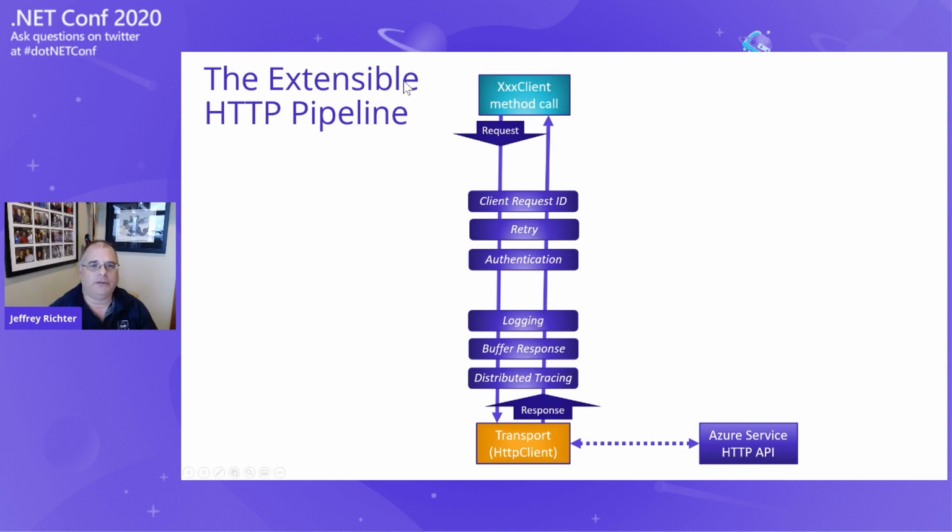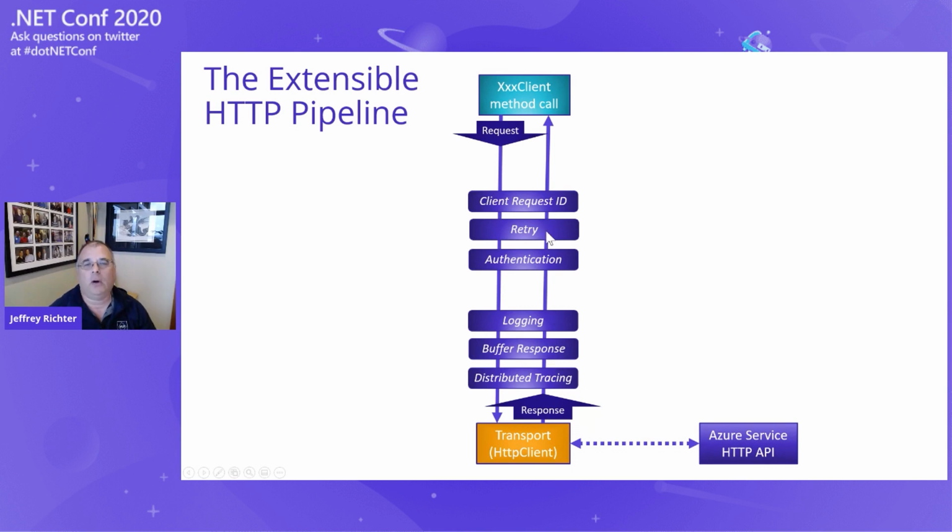And the retry policy doesn't actually mutate anything. It doesn't mutate the request, and it doesn't mutate the response. This policy instead modifies the behavior. When the request is going down, it doesn't do anything at all. But if we're reading the response back from the service, because of the buffer response policy trying to do that read, and while we're trying to do that read the network connection fails, then an exception will be thrown.